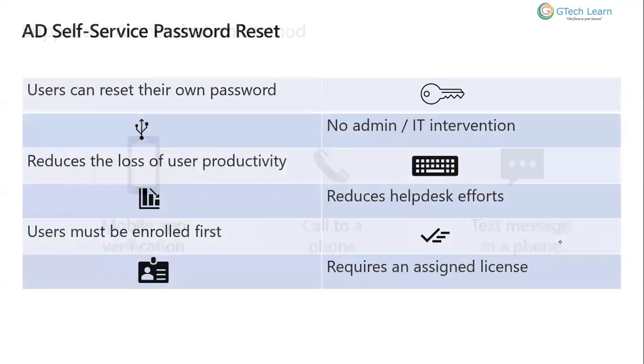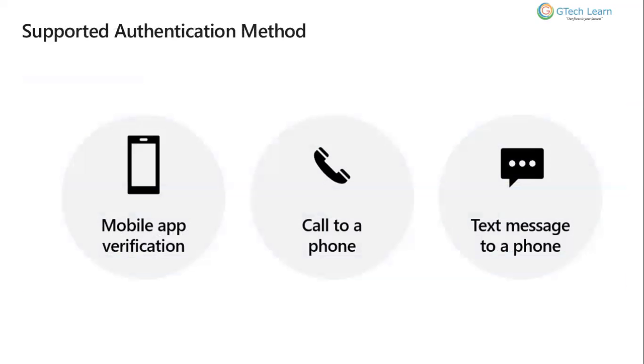Now, before moving ahead with the concept of self-service password reset, let's have a look at how we set up multi-factor authentication. For that, let me jump to the portal.